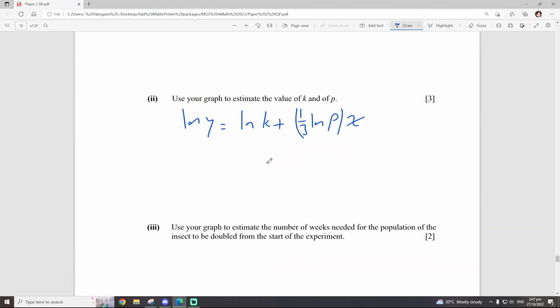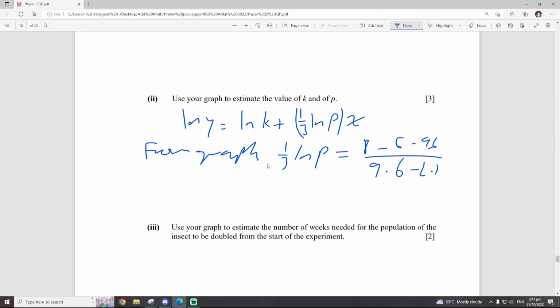Okay, from graph, 1/3 ln p is 8 minus 6.96 divided by 9.6 plus 2.2. From here you get the value of p.